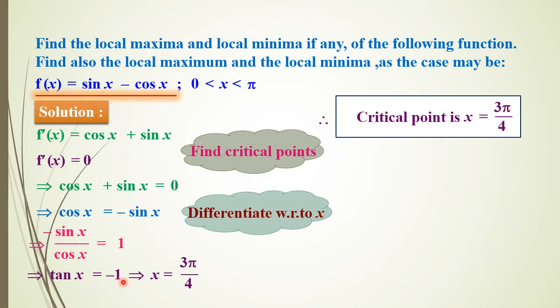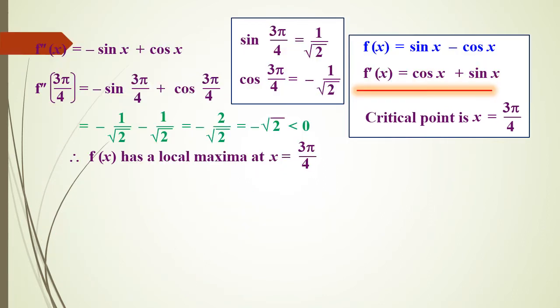So again find the next positive value which lies within this interval 0 to pi. So x equal to pi minus pi by 4, which will be 3 pi by 4. This is the one critical point, and 3 pi by 4 is lying in this interval.